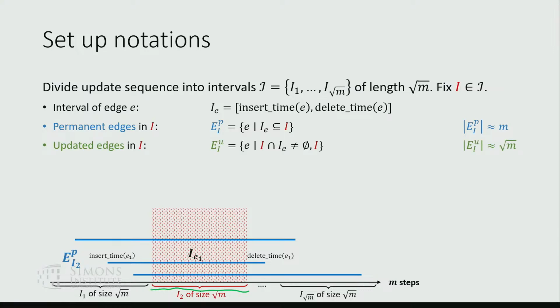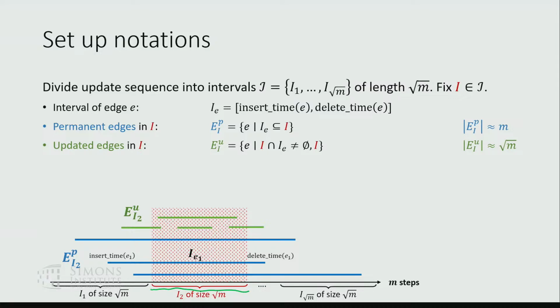The other kind is the non-permanent, or updated, one. This is an edge that has some overlap with this interval but is not permanent. So the intersection of I and the interval of the edge is not empty, but it is not the whole of I.